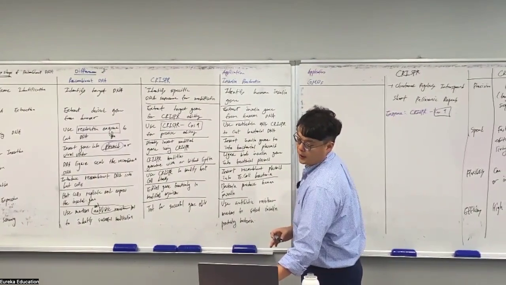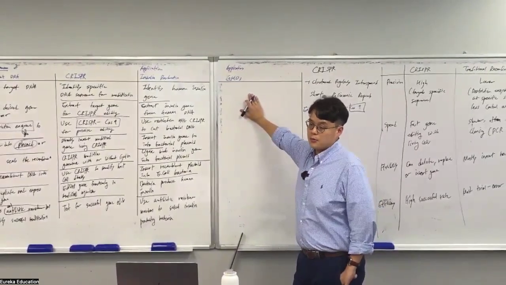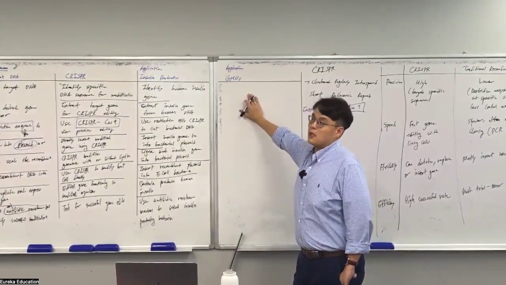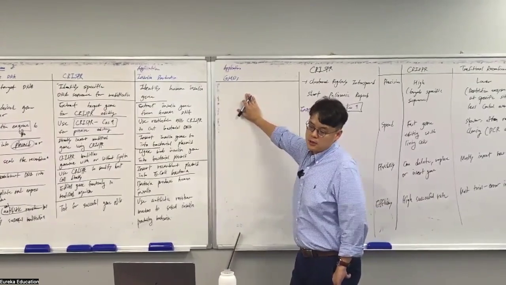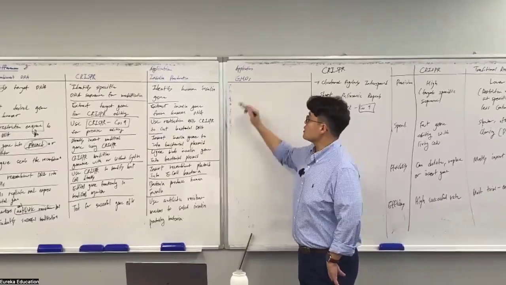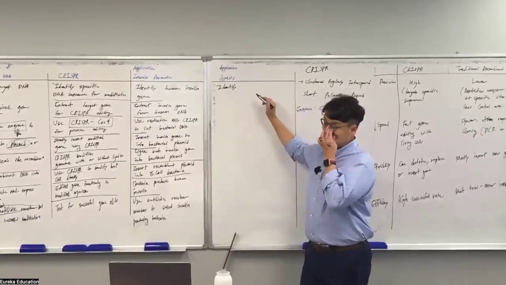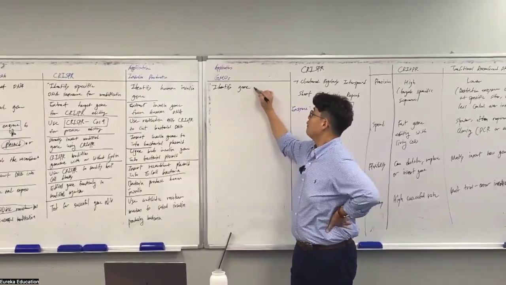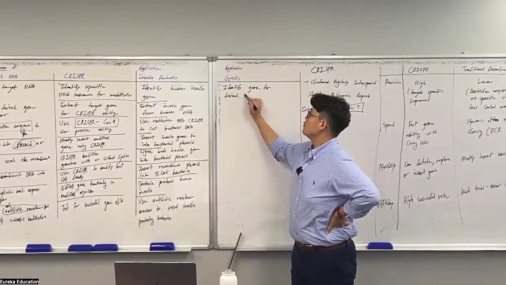All right, what about GMOs, genetically modified organisms? There could be many of those. We talked about Bt cotton. It could be some salmon or other features. So the first thing we do is always identify the gene for the desired trait.